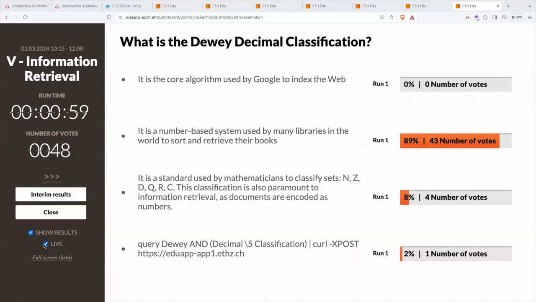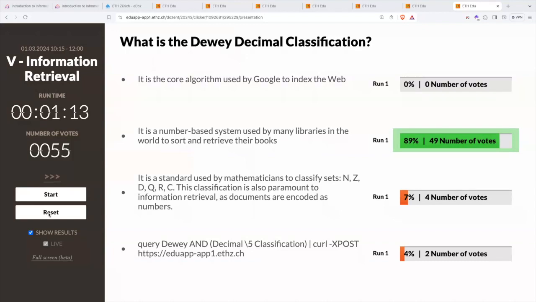We have a majority here. We obviously also have people that already built an information retrieval system to answer my questions. But this answer is in fact correct. Remember that this is the system that is used with these three digits and a decimal period and other digits in order to classify books by topic.